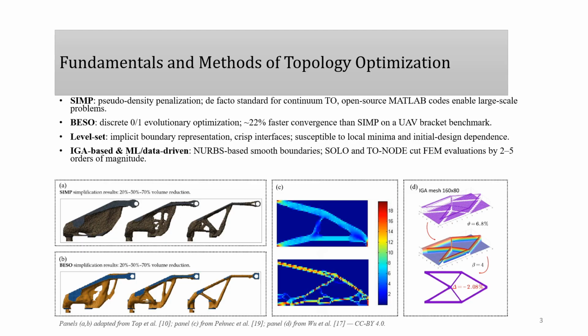Isogeometric methods can better preserve smooth CAD compatible boundaries, while machine learning approaches aim to reduce the computational cost by accelerating or replacing repeated finite element evaluations. The important message is that method selection increasingly depends on the constraint profile, geometry requirements, and manufacturing route.